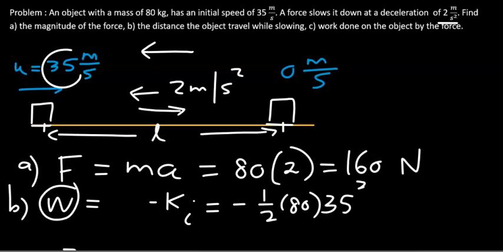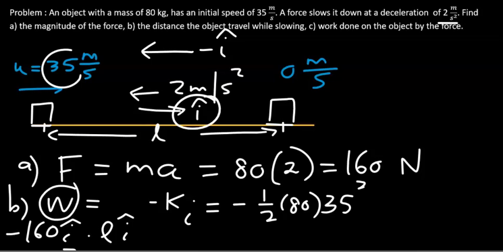So it is given by the dot product of that force, which we know the magnitude of, is 160 newtons. The direction is minus i hat, because if this direction is minus i hat, that direction is i hat. The displacement is L, so you dot it into L i hat, because this displacement is along that direction.